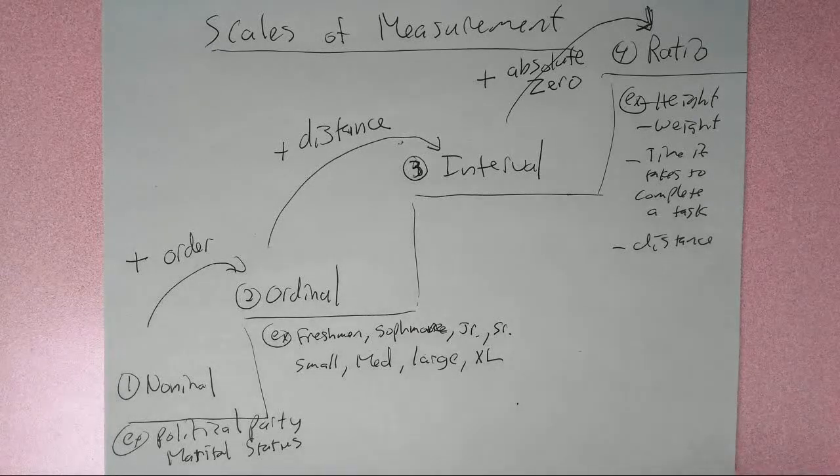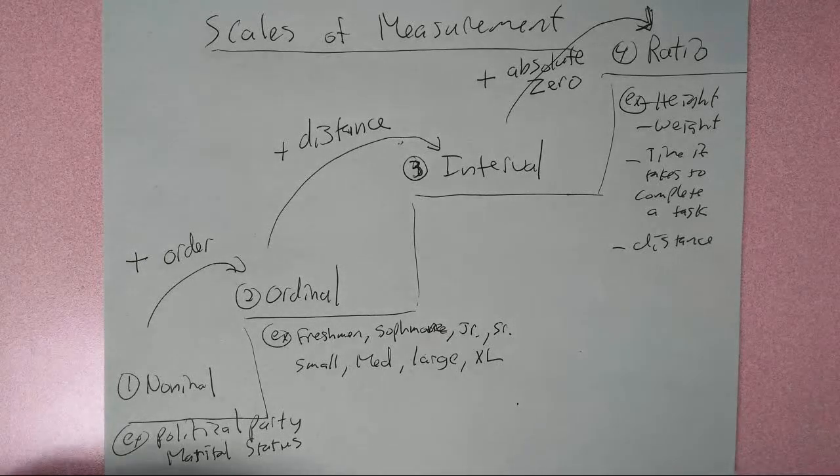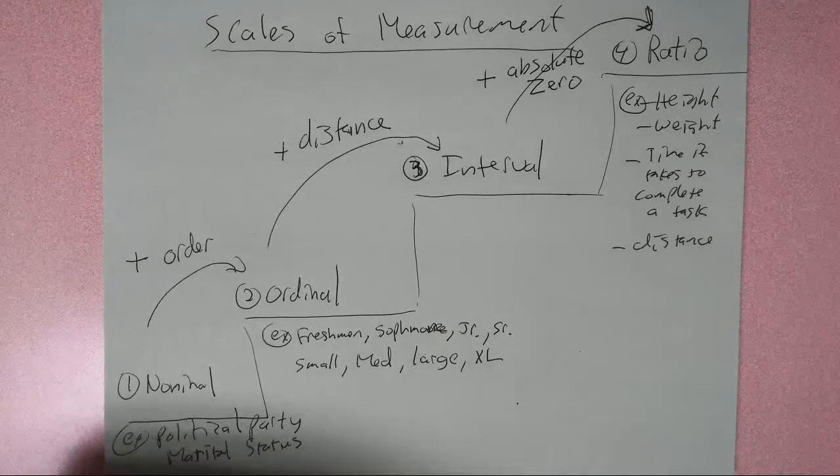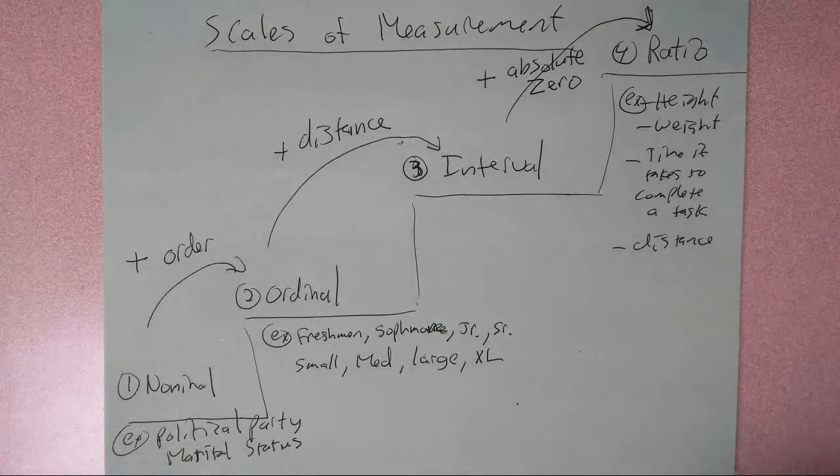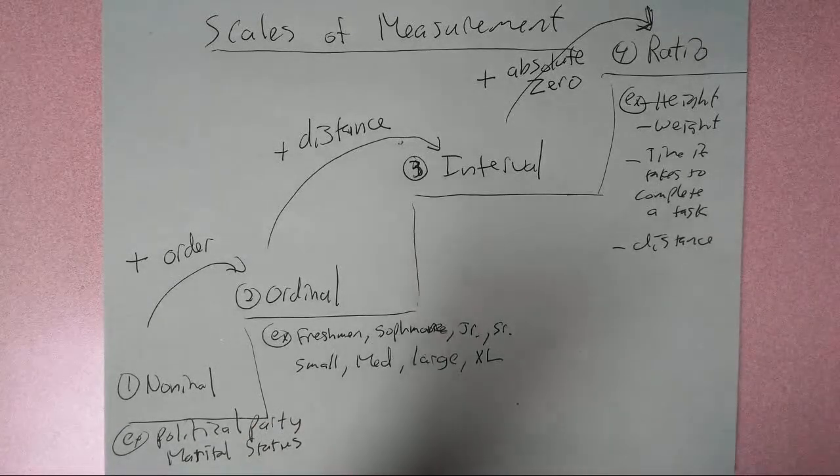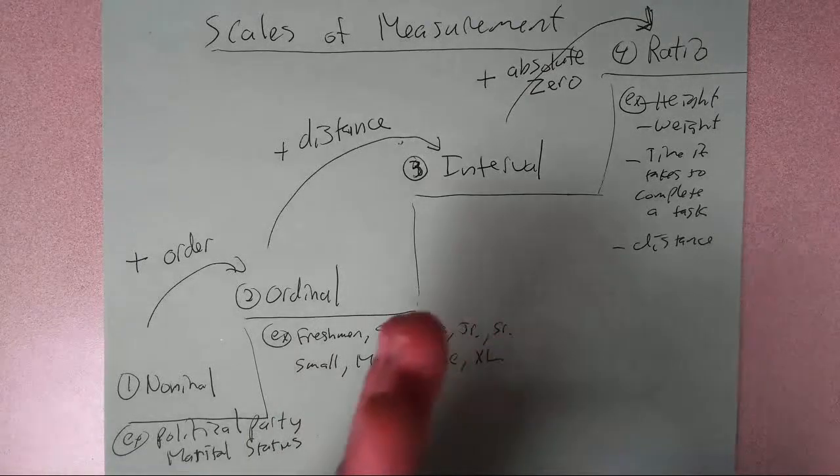Like in Celsius, 0 degrees is the freezing point of water. But in the Fahrenheit scale, the freezing point of water is 32 degrees. So whoever came up with the Fahrenheit scale just chose a different temperature that's actually below the freezing point of water to be 0, and then they're measuring from that temperature.